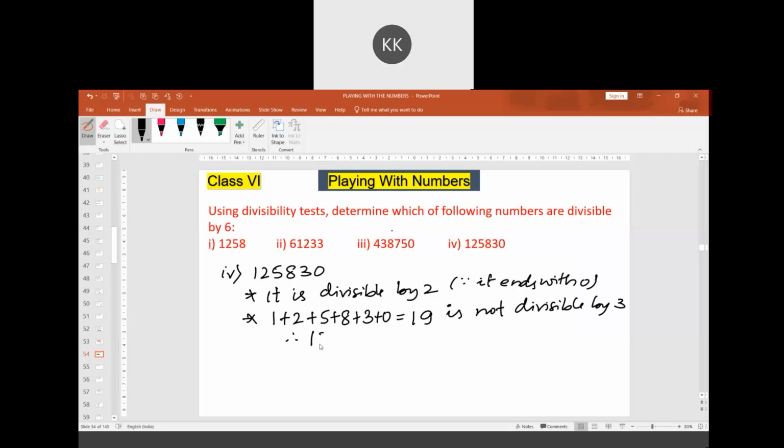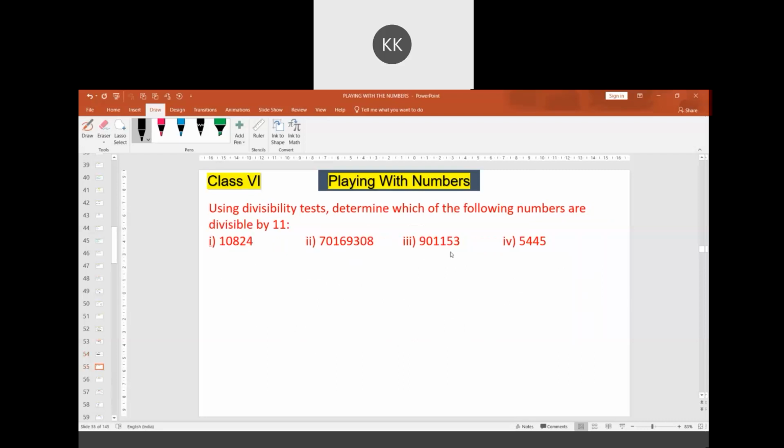Therefore, 125830 is not divisible by 6. So in this question, there was only one number which was divisible by 6. That was the third one. In the remaining cases, it is not divisible. Hope it's clear to everyone.